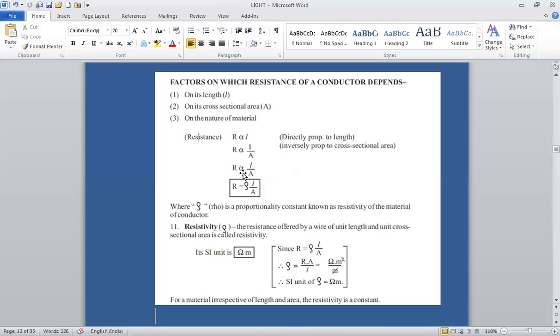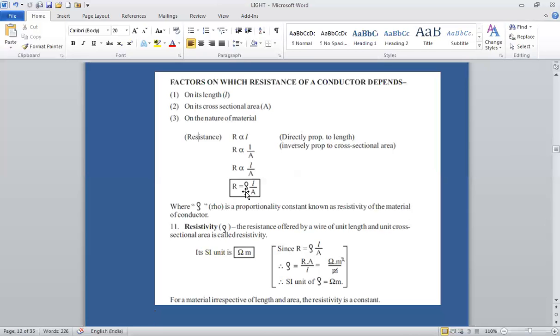In order to remove this proportionality sign, we will use a proportionality constant, which is called resistivity or specific resistance of the conductor. Resistivity depends only on the nature of the material and on its physical conditions such as temperature and pressure.